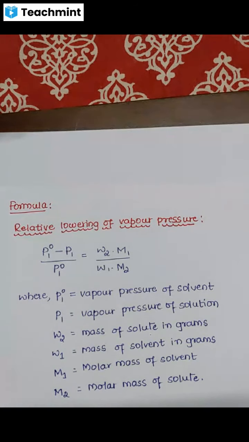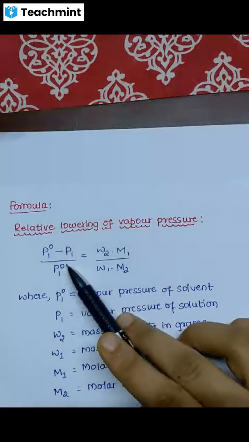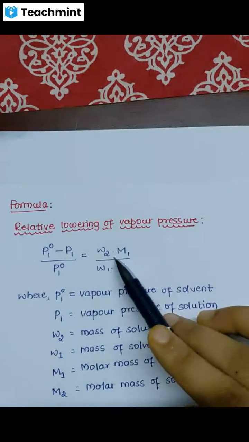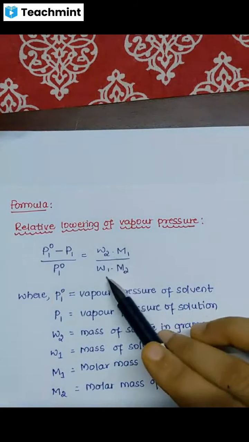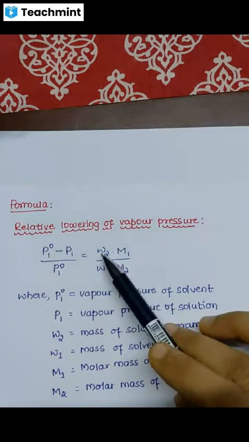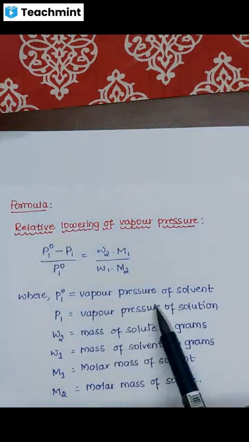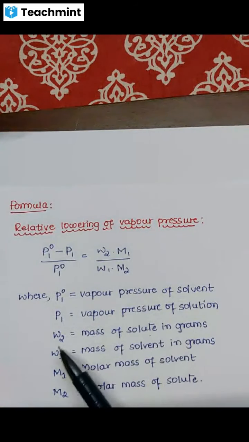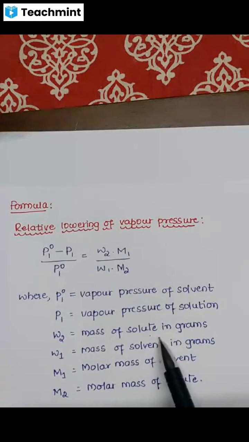The formula for relative lowering of vapor pressure is given as (P1 naught minus P1) divided by P1 naught, which is equal to W2 into M1 divided by W1 into M2, where P1 naught is vapor pressure of solvent, P1 is vapor pressure of solution, W2 is mass of solute in grams, W1 is mass of solvent in grams, M1 is molar mass of solvent, M2 is molar mass of solute.